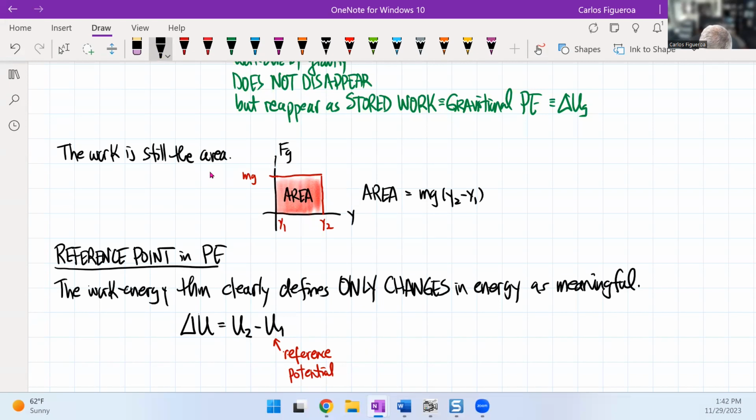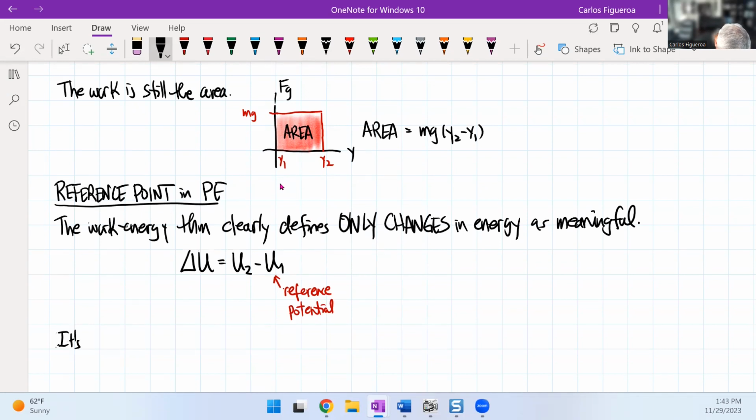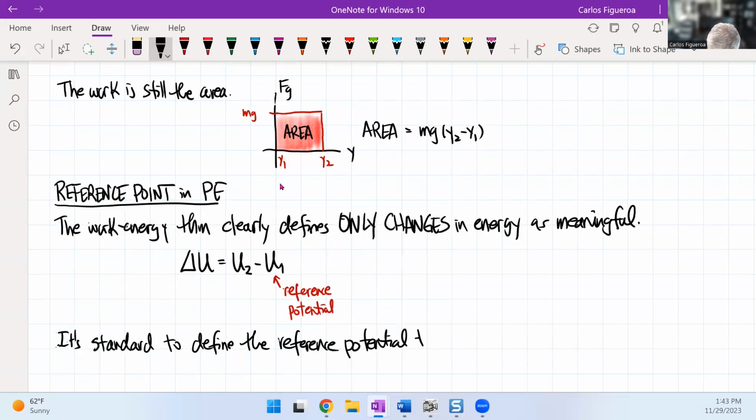So what we find here is that it's standard to define the reference potential to be 0 almost always.